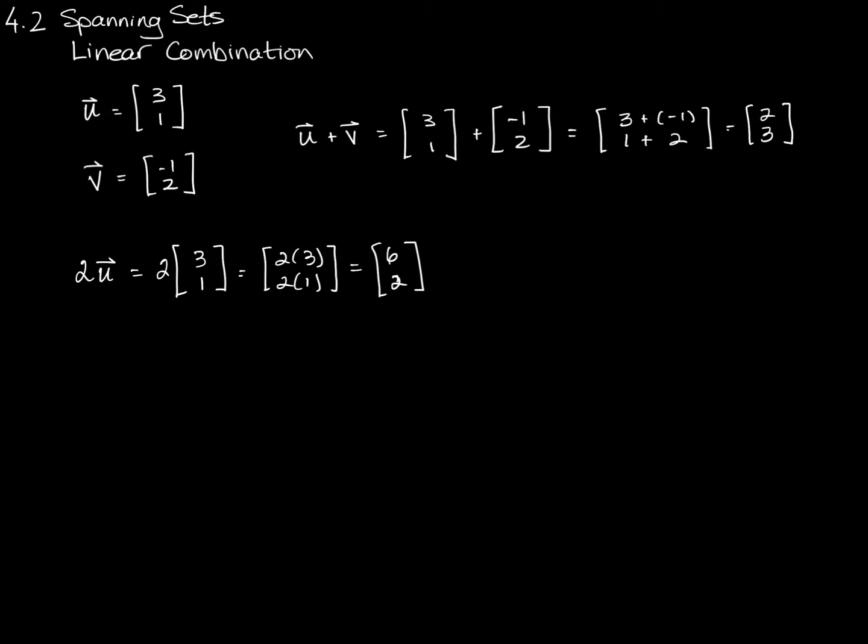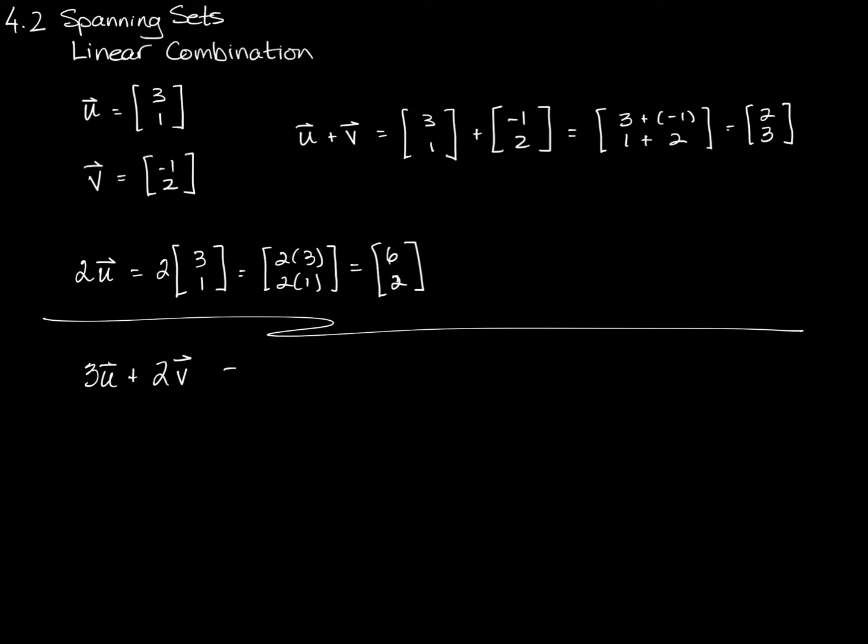If we pull these two ideas together and I scale both vector u and vector v before I add them together, I might get something like this. 3u plus 2v is 3 times the vector u plus 2 times the vector v.